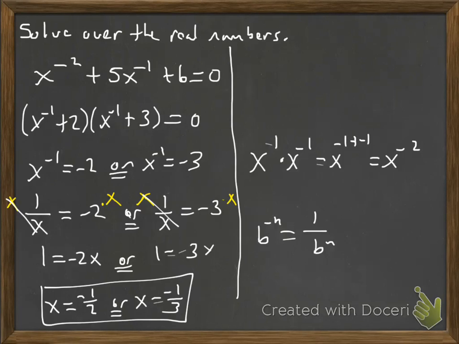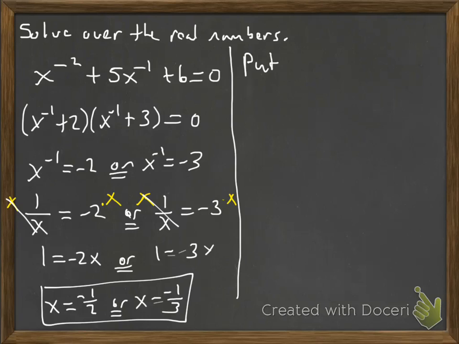So if we wanted to be a little bit more careful, we would say the smallest exponent in terms of the absolute value. So if we took the absolute value of minus 1, that's 1. The absolute value of minus 2 is 2. So we would want to put our u to be the smaller exponent in terms of absolute value, which would be the x to the minus 1.